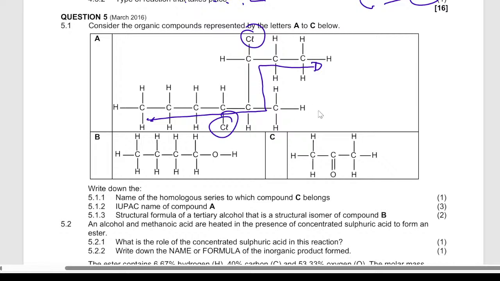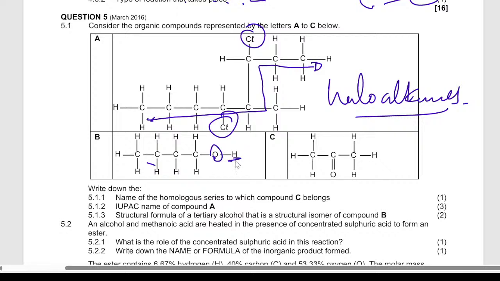So this is a haloalkane. Then this one has oxygen attached to this, so it is an alcohol. And then this one is a ketone.